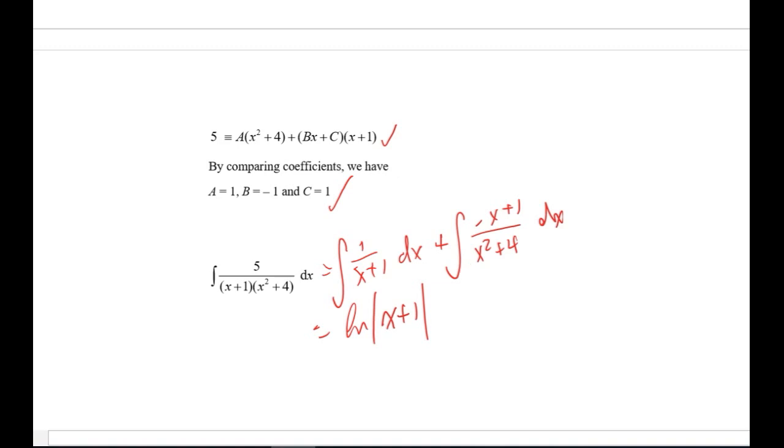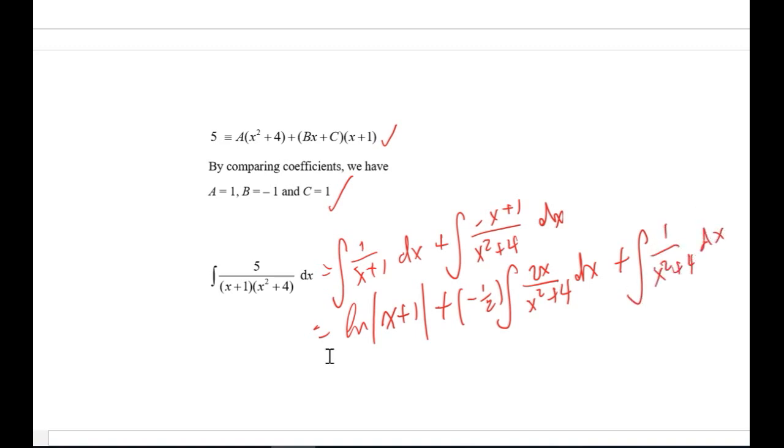So I can write the first part as minus half times the integral of 2x over x squared plus 4. And after this, I am still left with 1 over x squared plus 4.